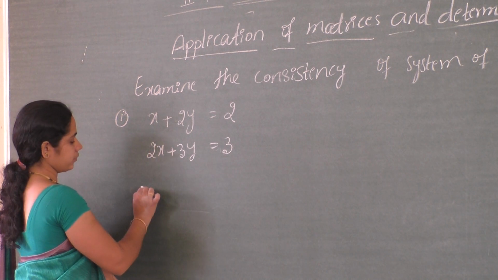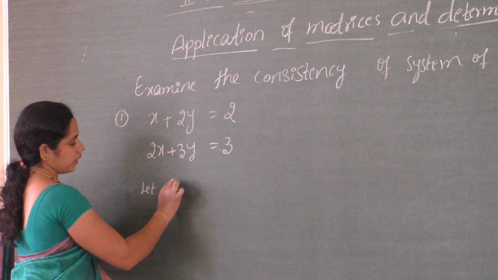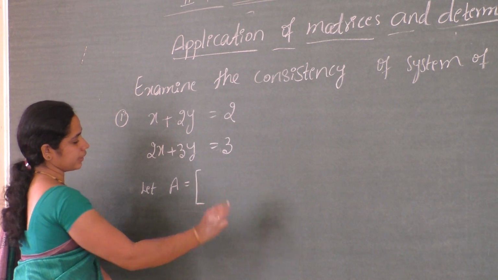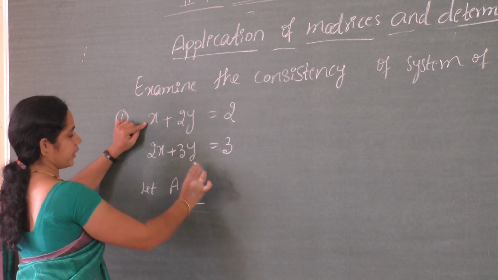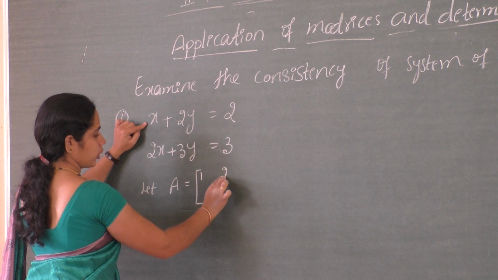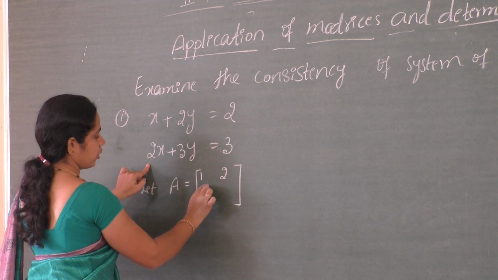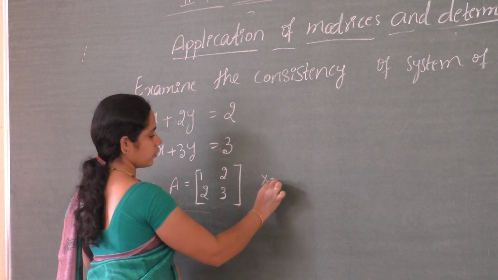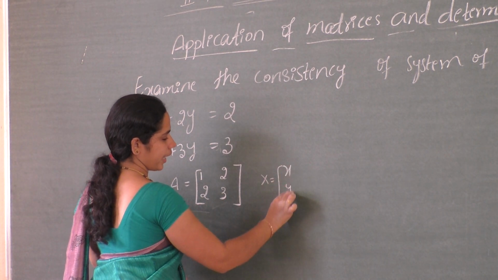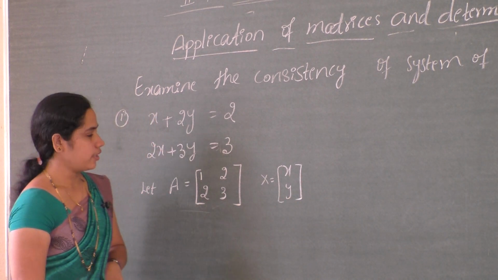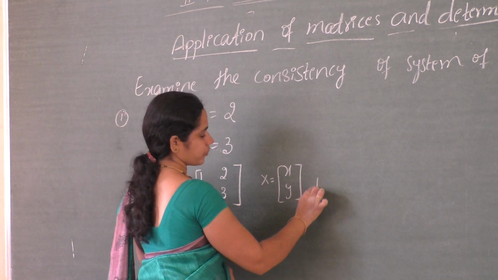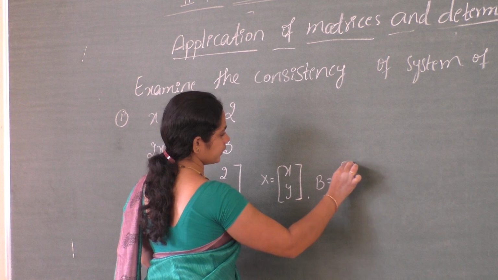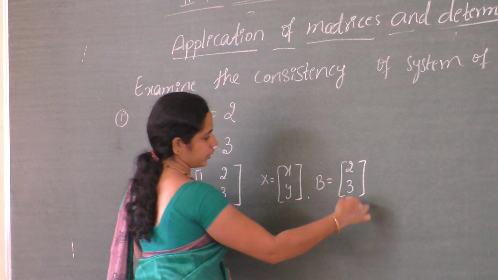What is A here? Let A be the coefficients: 1, 2, 2, 3. What are the unknowns? There are two unknowns, x and y. What is B? Constants. B is 2, 3.